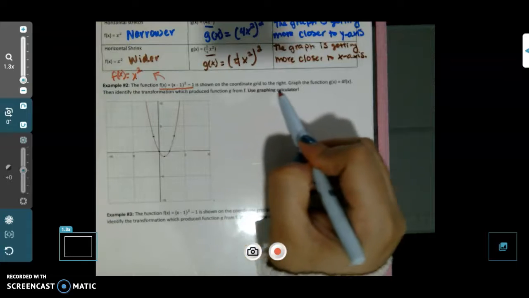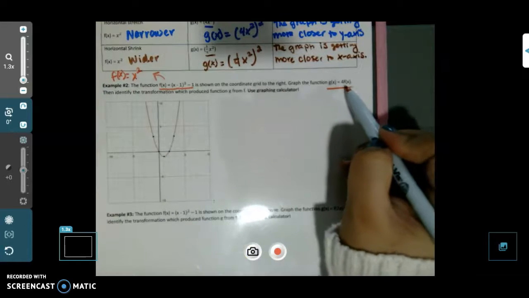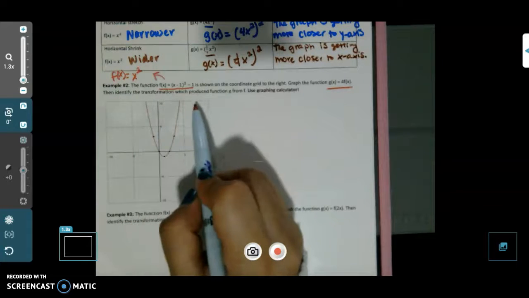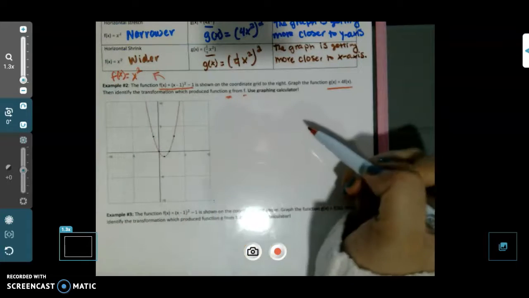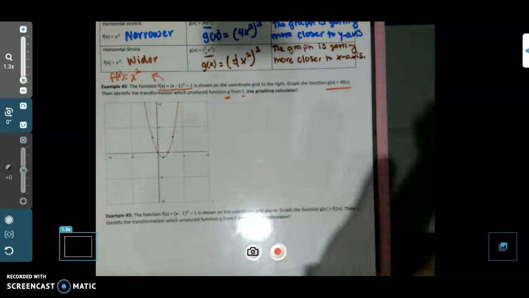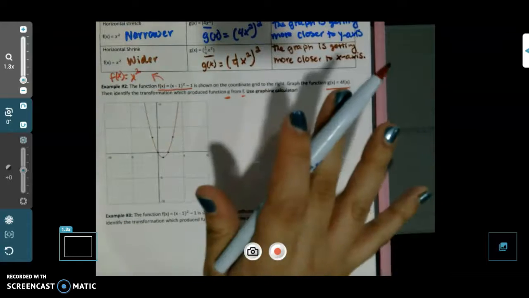So now the coordinate grid to the right. It wants you to graph the function 4 times the original function, then identify the transformation which produces the function g from f. Okay, so you can use your graphing calculator, but I'm going to show you a way where you can just do what you got to do.